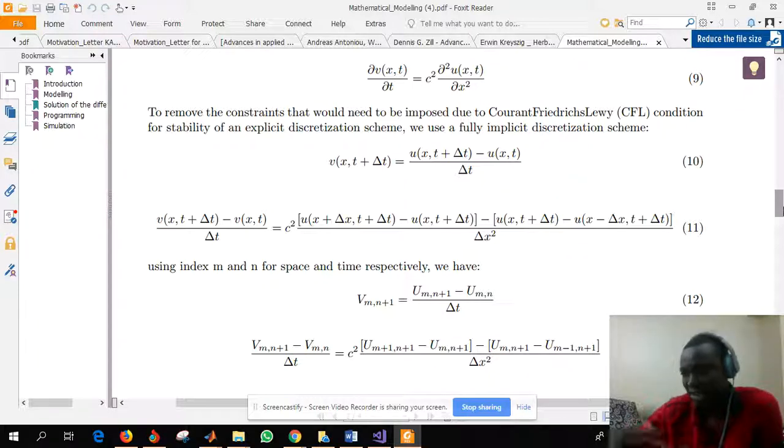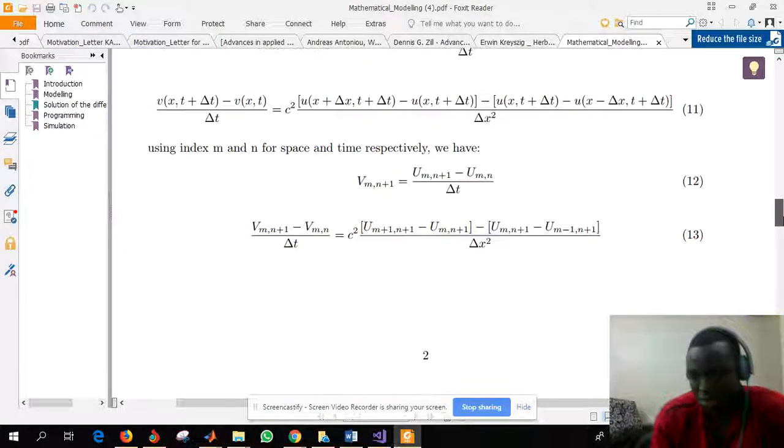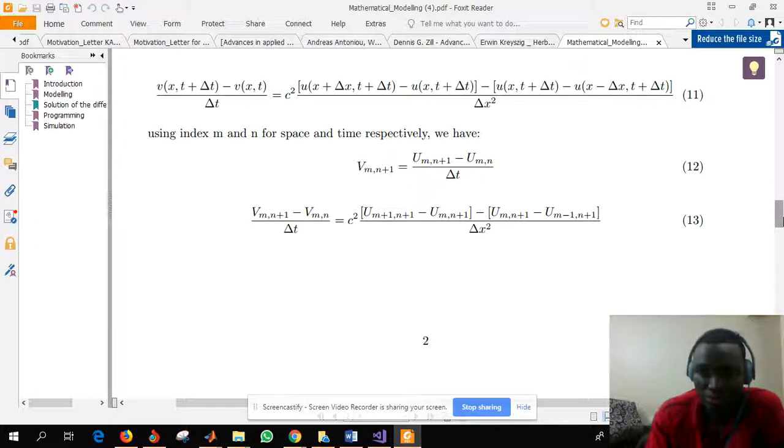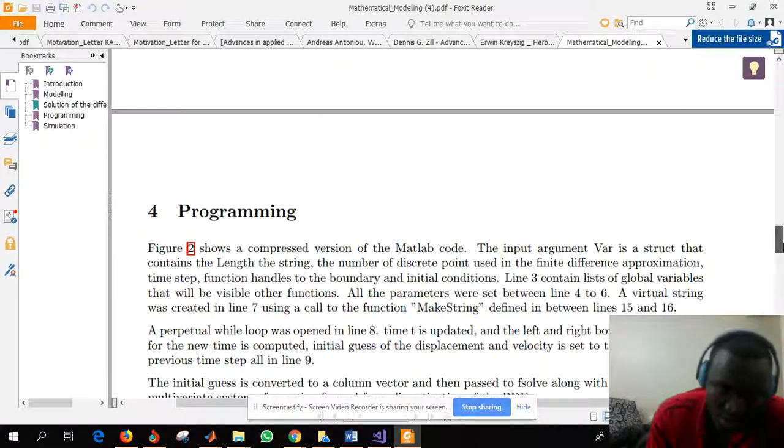If I say m plus 1, I'm moving from x to x plus delta x. And if I say n plus 1, I'm moving from t to t plus delta t. So equations 10 and 11 can be written as what you have in 12 and 13 using m and n.